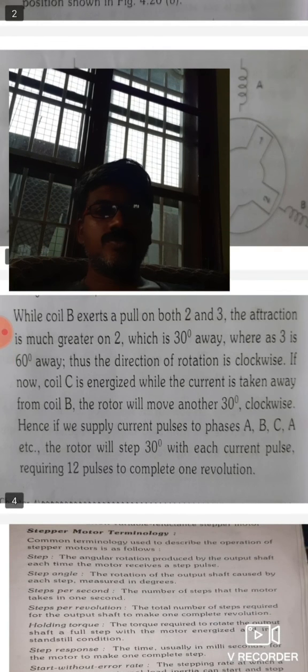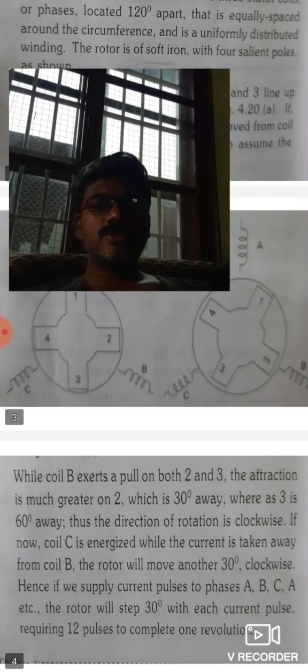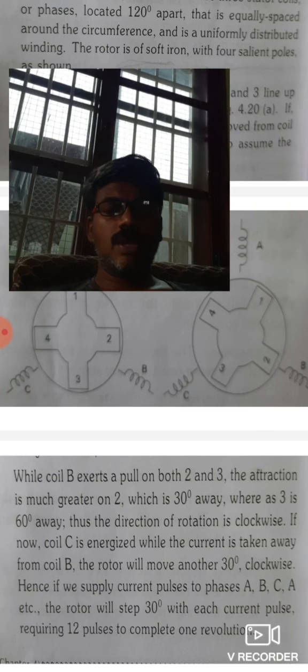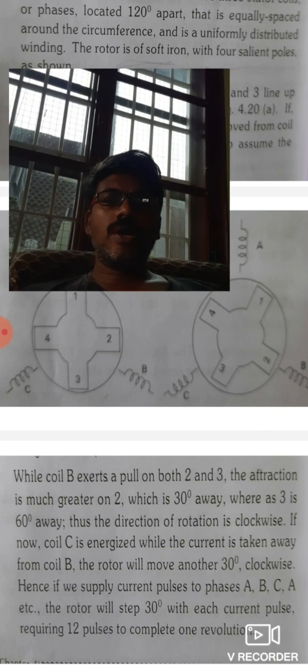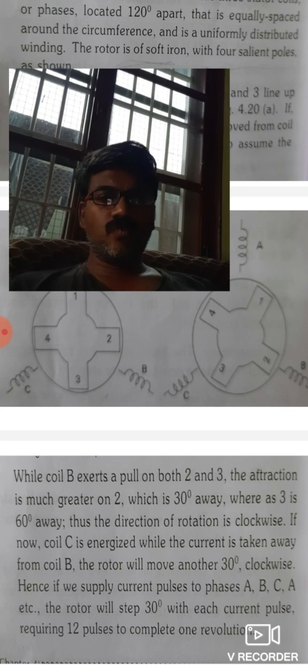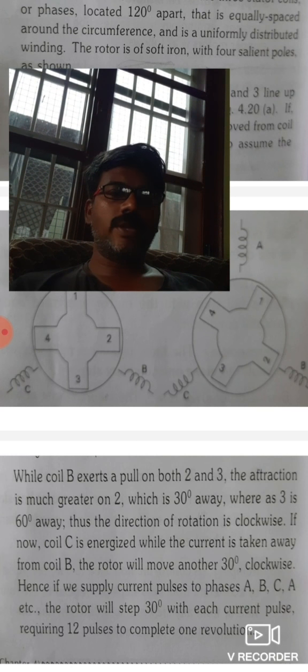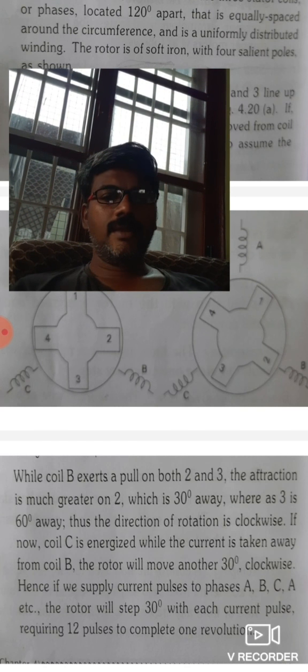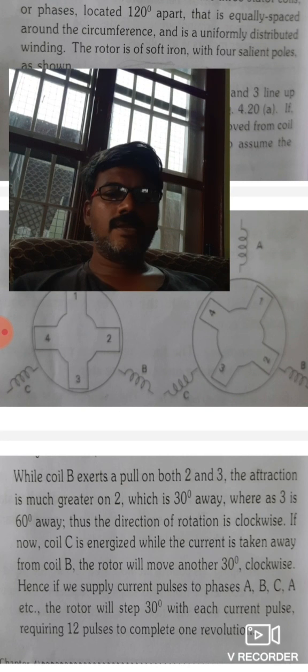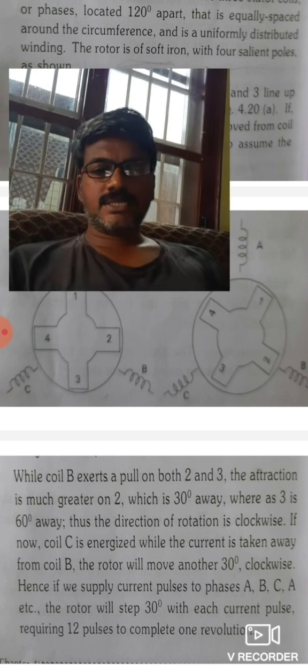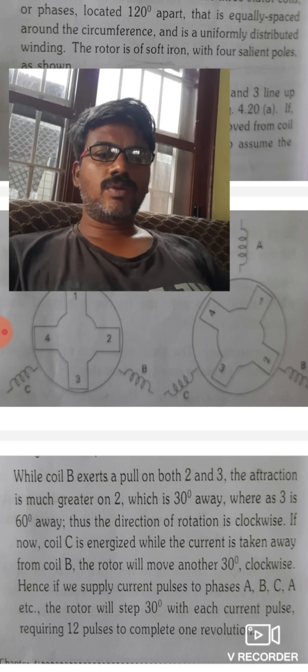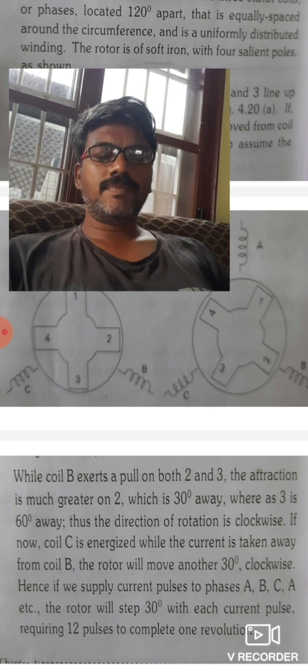To assume no loss or gain, the coil B must be energized before the excitation is removed from coil A, and coil C must likewise be energized before the excitation is removed from coil B, right?